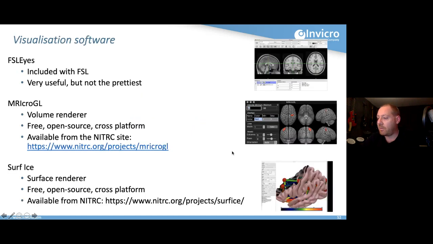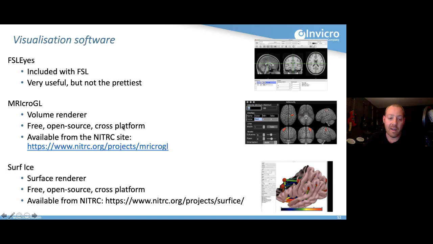That's all I'm going to say about thresholding. That's a whole topic in itself. The last stage, after you do your analysis and you do your thresholding, is you want to visualize your results somehow. There's lots of different visualization software that you can use. One of them I've already showed you in the demo, FSLeyes, included with FSL.